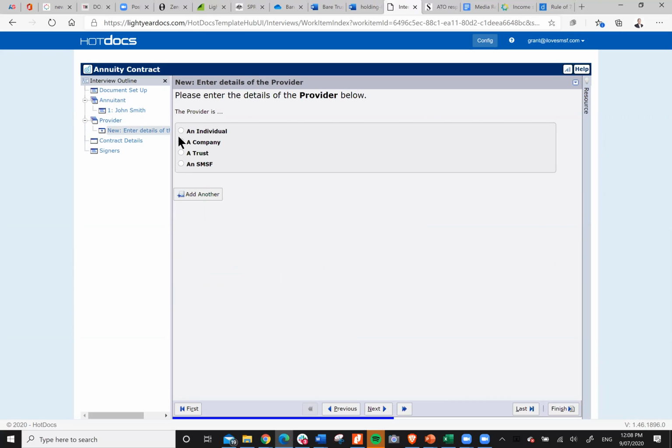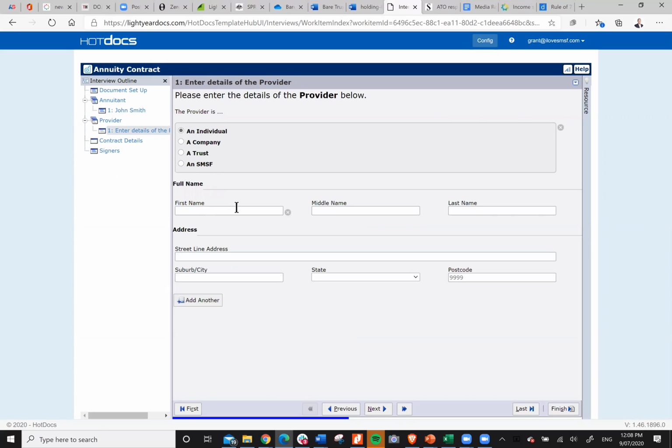The provider or the issuer could be an individual, a company, a trust, or an SMSF. So let's just say it's an individual. We've got James Smith, who is John's son. So what effectively has happened here, and we'll explain it in the next one, is we've got the issuer, which is James, and then we've got John.